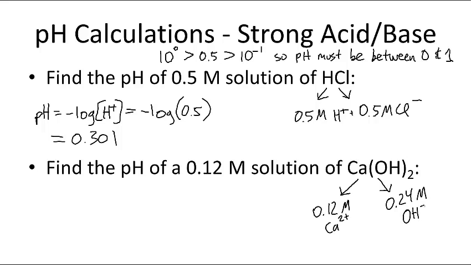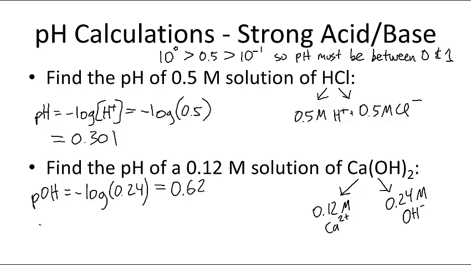So now I could say the pOH is going to be the negative log of 0.24, which is 0.62.